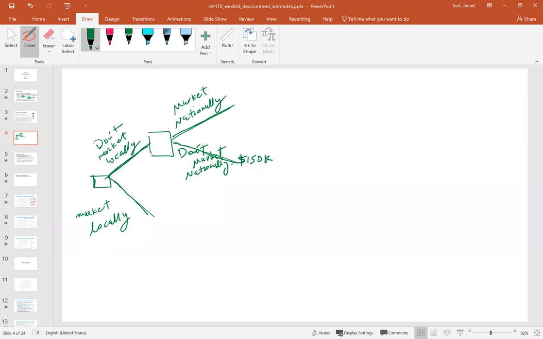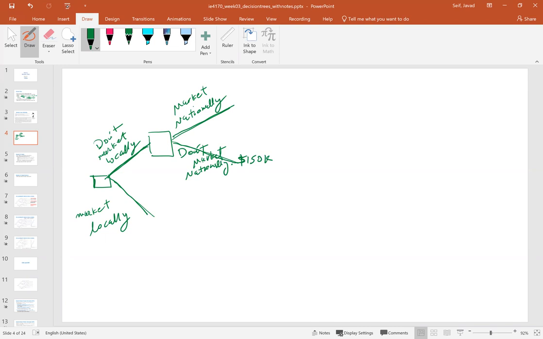But it said if you market it nationally, and if it's a success, you're going to obtain $300,000, right? And if it's not successful, if it's a national failure, you're going to lose $100,000.